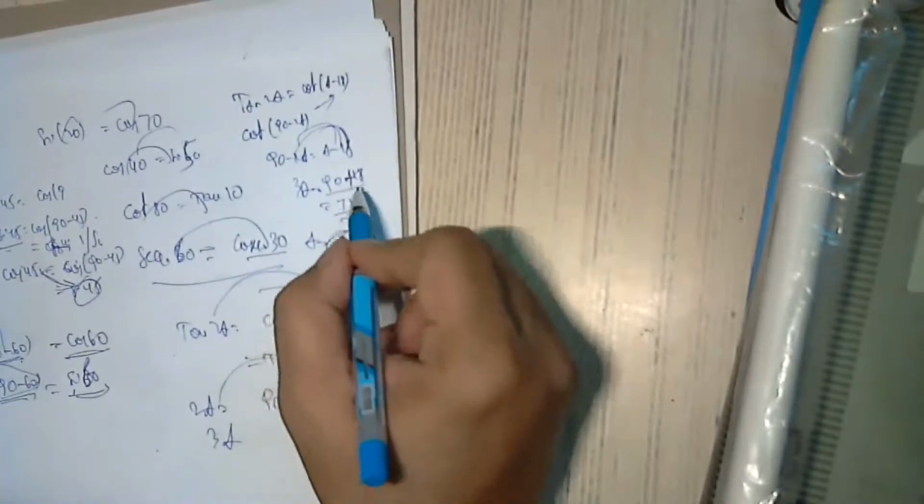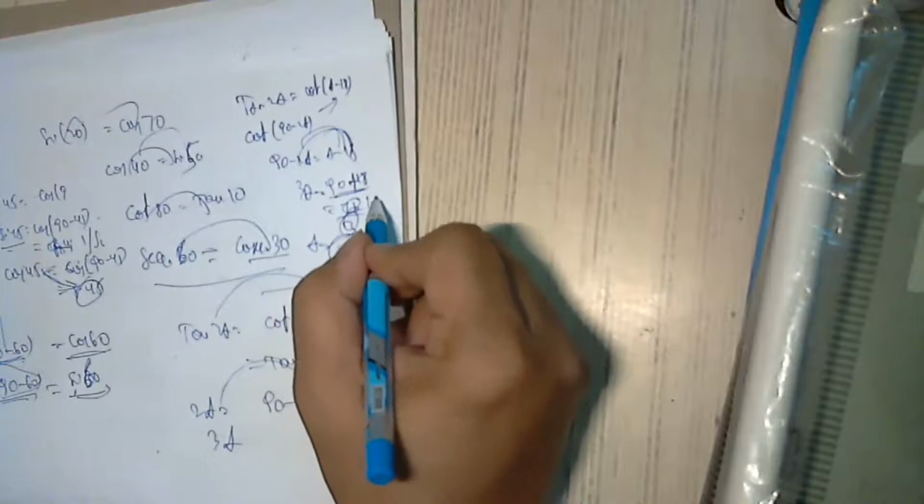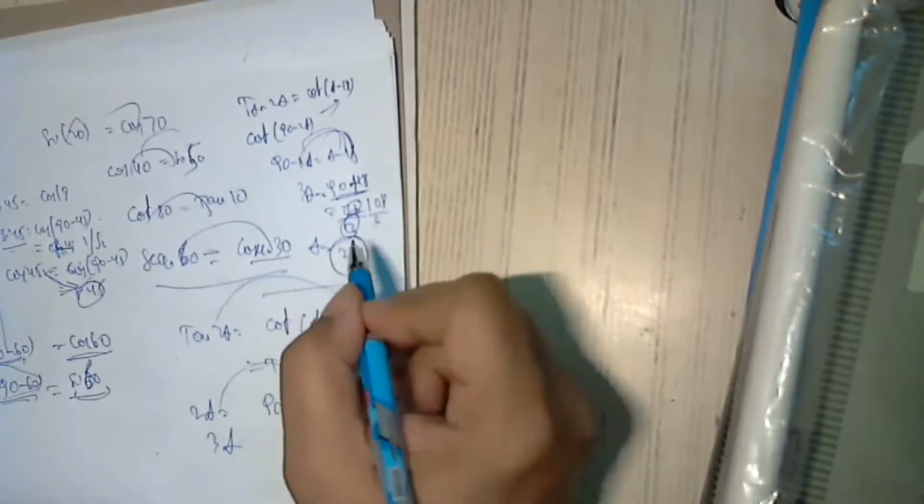So 2a goes, a becomes plus. Sorry, 90 plus 18, it is becoming plus. So this is wrong. 90 plus 18 is 108 by 3, 36. Answer is 36. The earlier one is wrong.